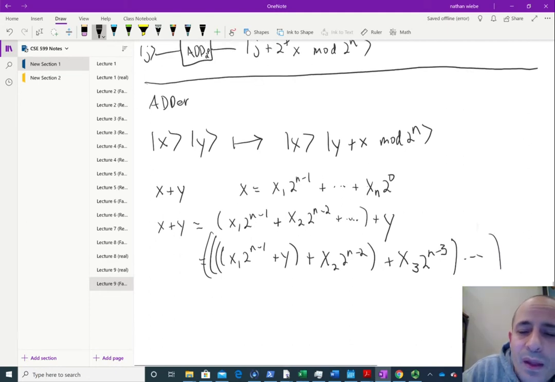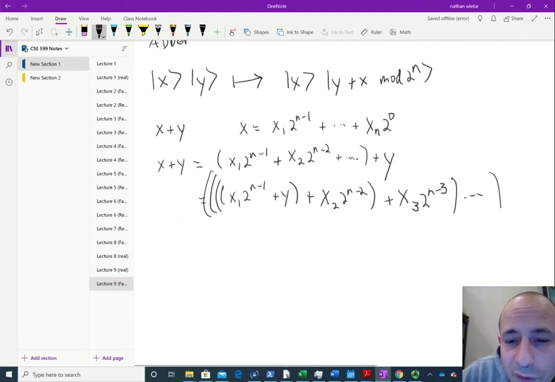Now, this ends up giving us a convenient way that we can do this. This is actually just given by a controlled add 2 to the n minus 1 gate.